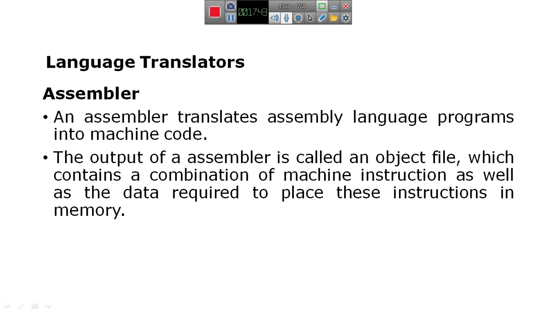The assembler translates assembly language programs into machine code. The computer understands only machine code, that is, binary code.